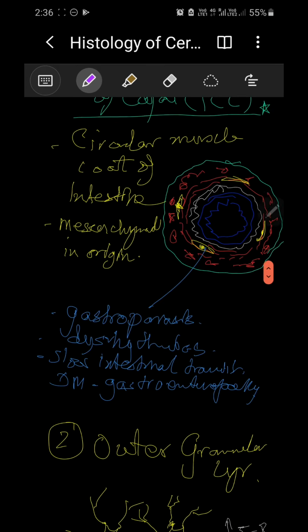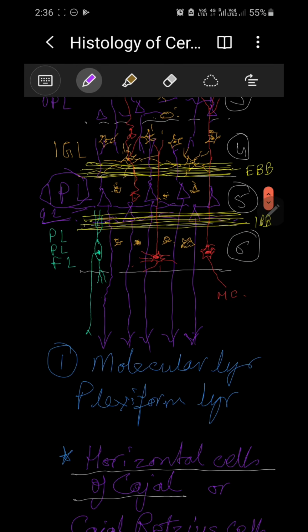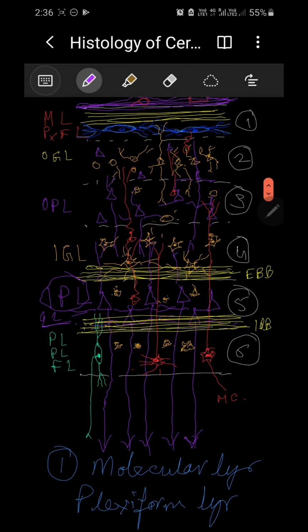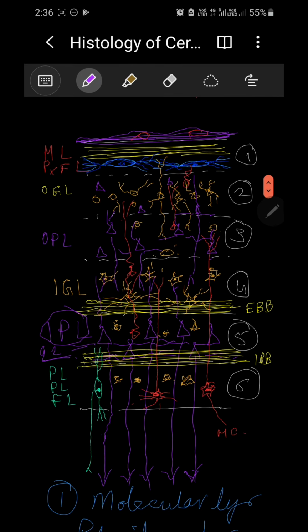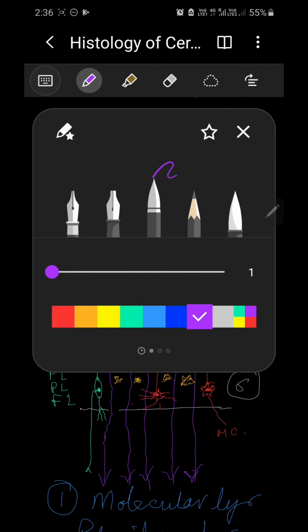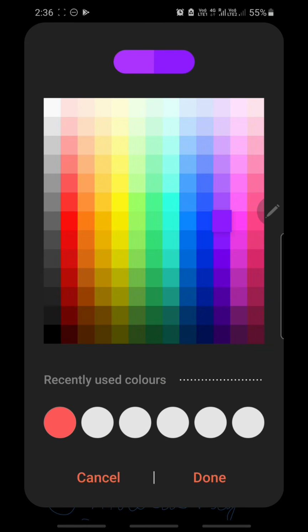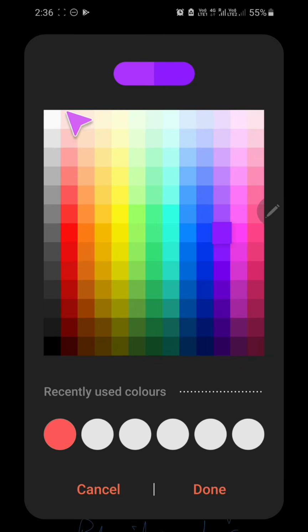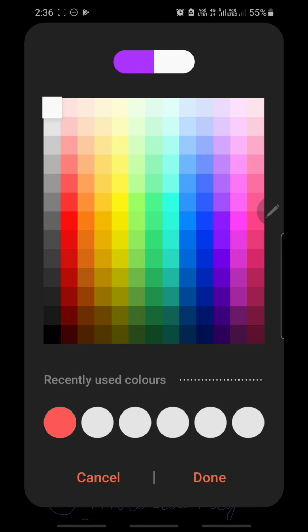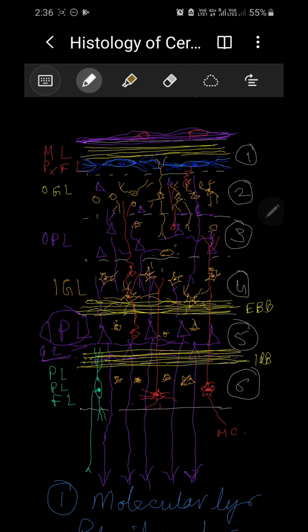Now, after going through all these layers you have seen here, now the afferents, I think I should bring out some new colors. Yes, white will be better. So now remember, what about the afferents?